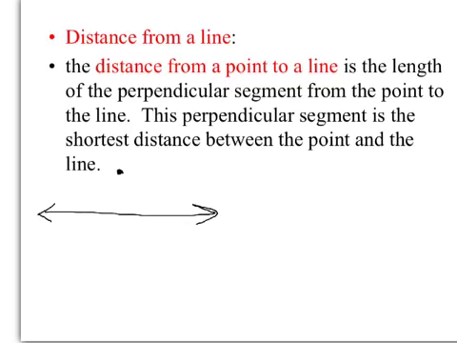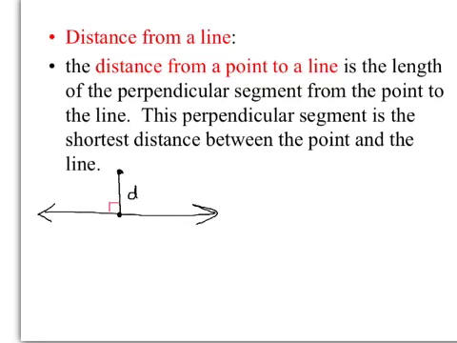We've learned that the shortest distance from a point to a line is a line perpendicular from that point to that line. So the distance from a point to a line is the length of that segment, we'll call it little d, distance. This perpendicular segment is the shortest distance between the point and the line.